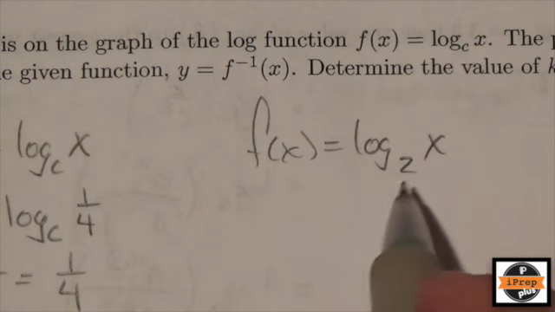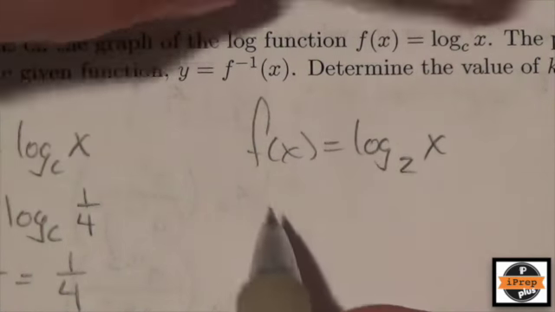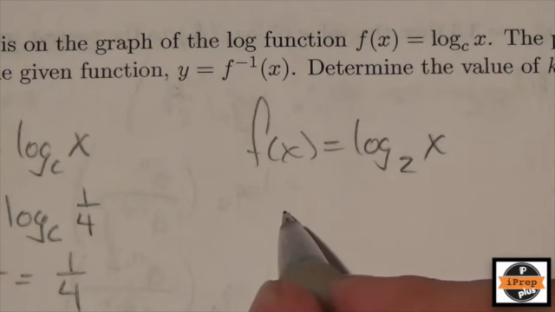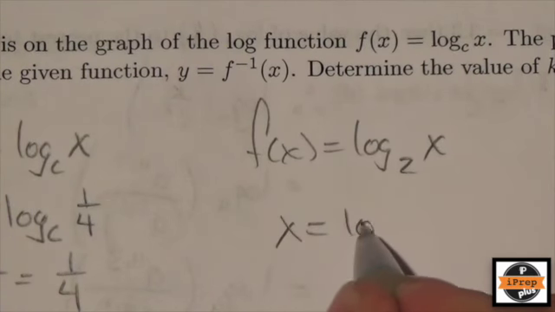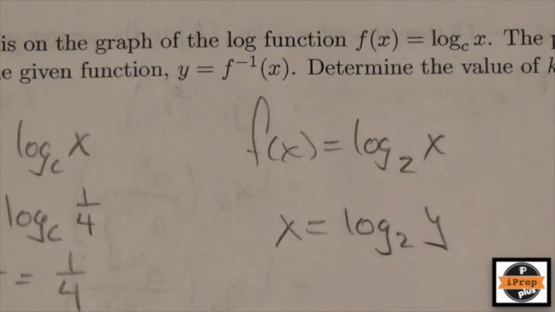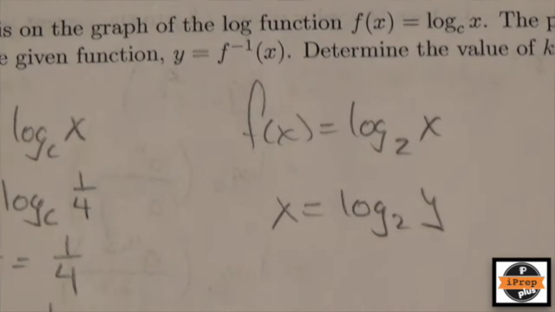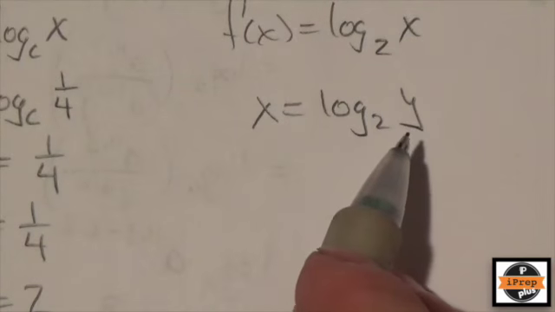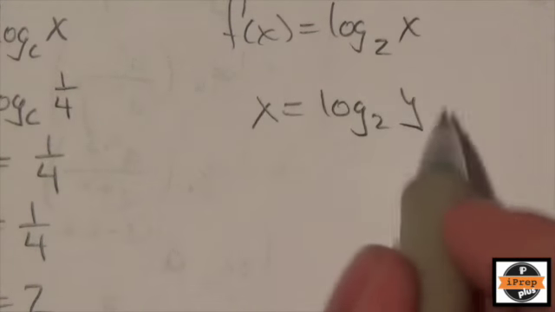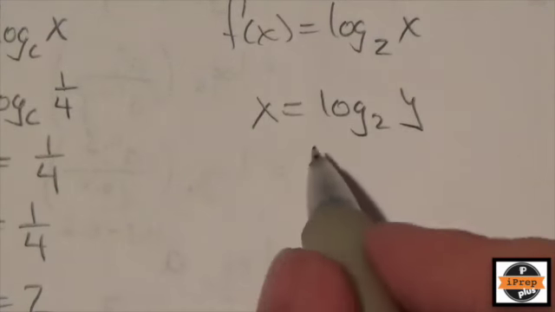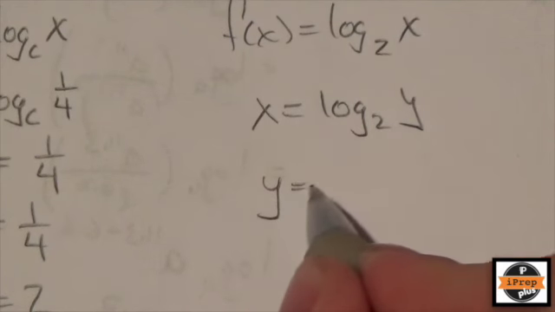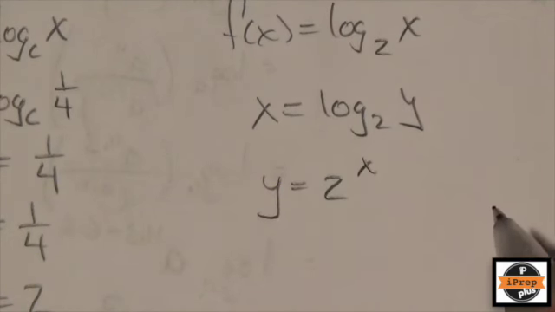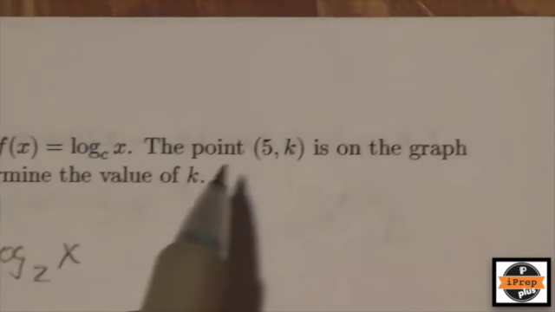To get the inverse, I have to flop the x and the y. So this becomes x is equal to the log base 2 of y. Then I'll convert this to the exponential form to get a function in terms of x. So y will equal 2 to the power of x.